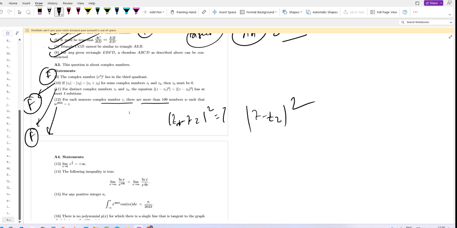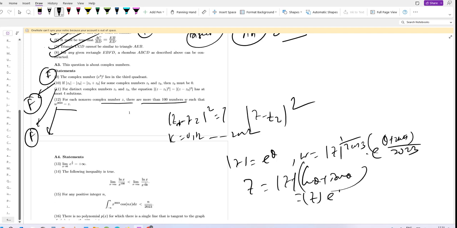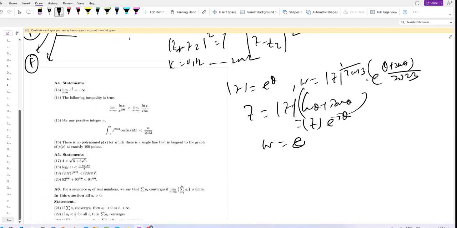Next, for a non-zero complex number z, there are 100 numbers w such that w to the power 2023 equals z. With k equal to 0, 1, 2, up to 2022, rewriting z as r e to the power i theta, w equals z to the power 1 by 2023 times e to the power 2k pi i by 2023, where e to the power i theta is cos theta plus i sin theta.